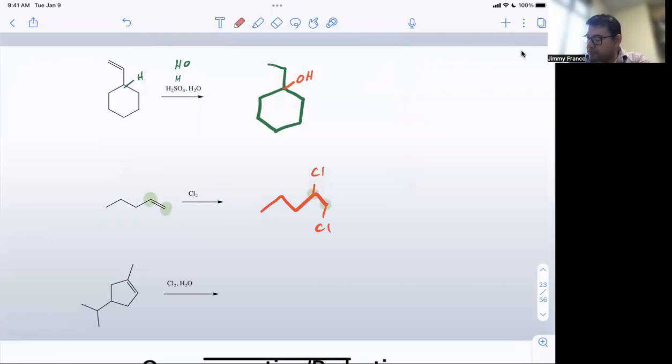Last one, we're going to add a chlorine to one atom and an OH to the other. Remember, the OH is going to go on the more substituted of the 2 carbons. So we're going to compare the 2 that are part of the double bond. And remember, for when it's Cl2, Br2, we're not going to have rearrangement. Right? So we can redraw the molecule. And this is where, let me draw the product and then I'll tell you my thoughts.